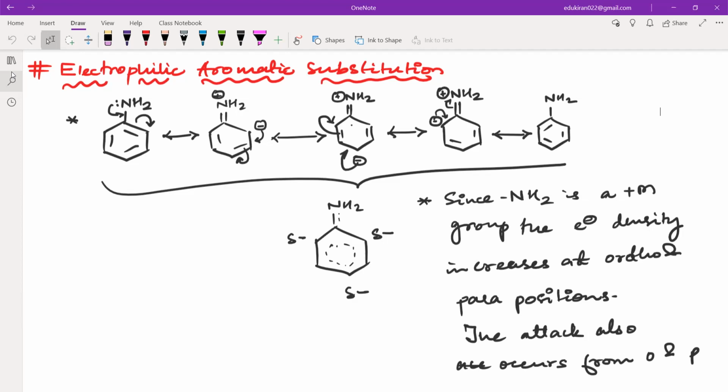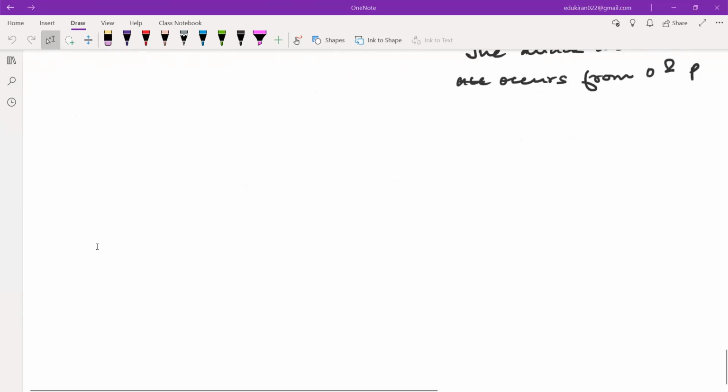Yes, sir. Done. Okay. So obviously we are going to get ortho and para products when we have electrophilic aromatic substitutions. The first reaction is halogenation.